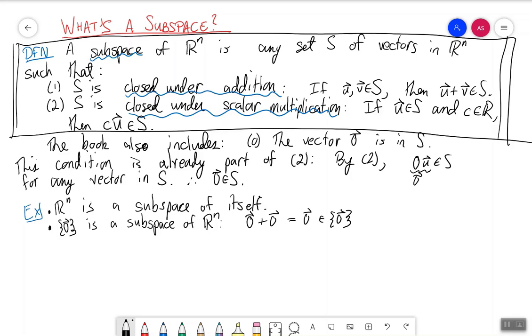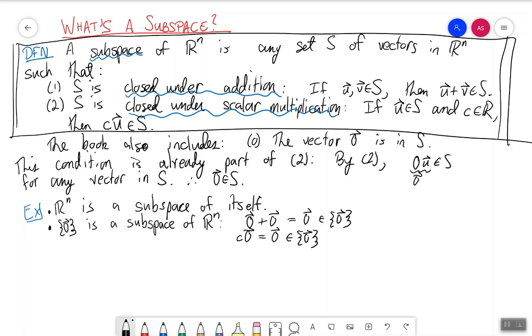And similarly, if I take any number, which I'm going to call c, any real number, and I multiply it by the vector 0, that's still going to be 0, which is in here. Therefore, I can conclude that the set consisting of just the single vector 0 is a subspace of Rn.